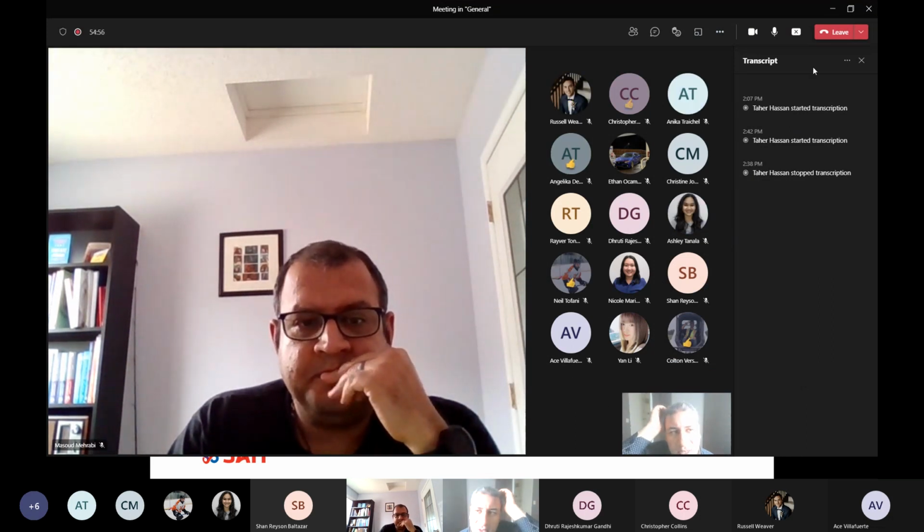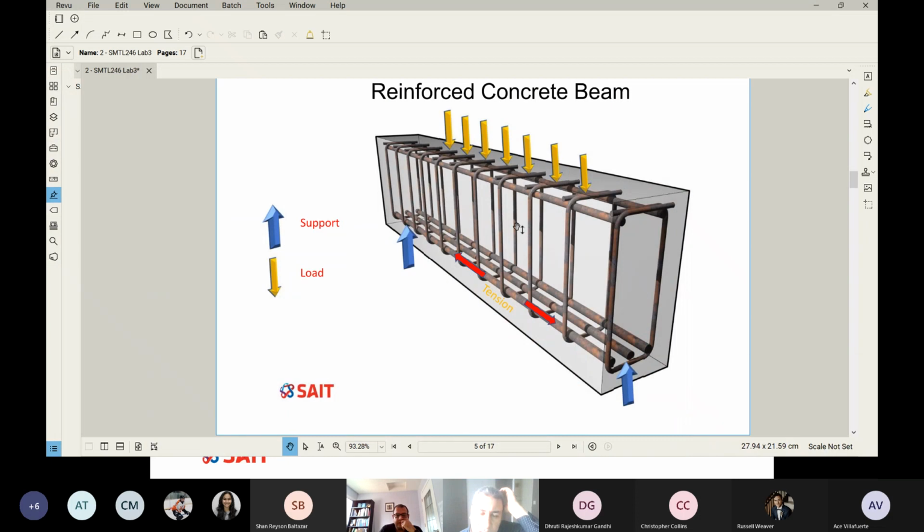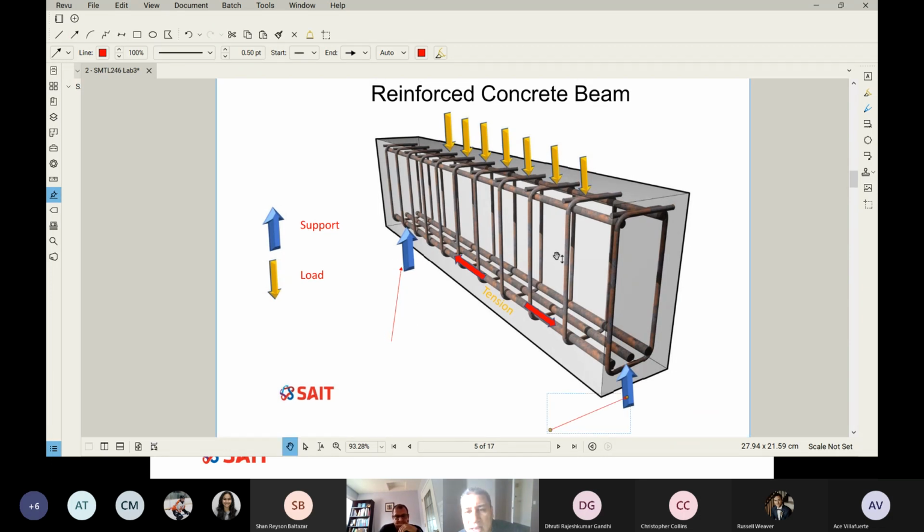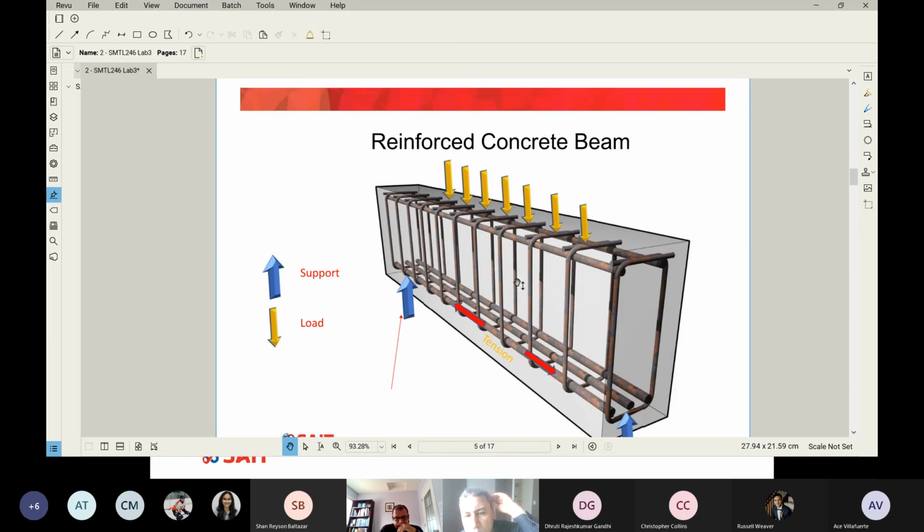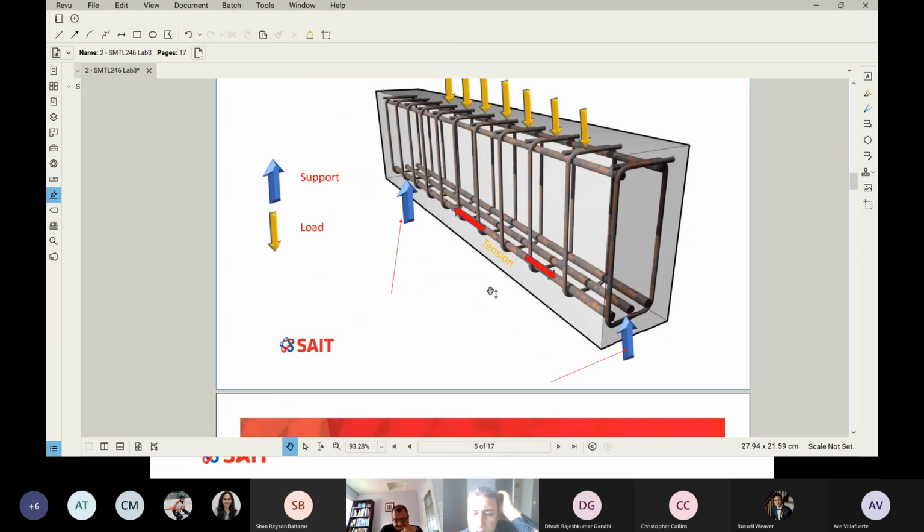Now, what happens is if you subject a beam like this beam right here, and I make the beam transparent so you can see the anatomy of the beam. If you think about this point as a support point, and this point is also a support point, and the loads are in yellow. You will see just like this girder here, the bottom side will always be in tension.